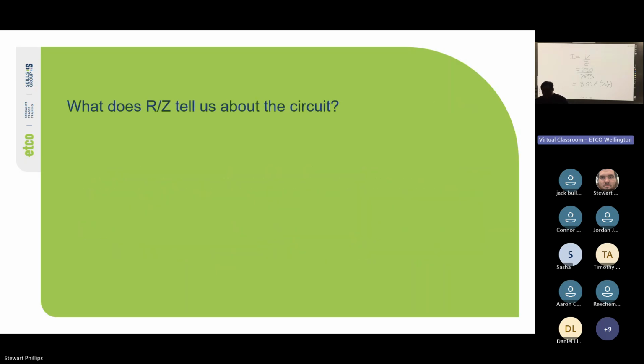Cool. What does R divided by Z tell us about the circuit?